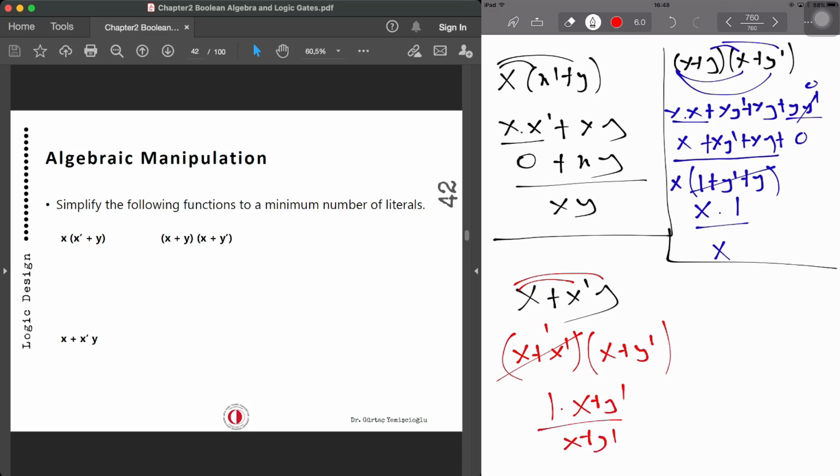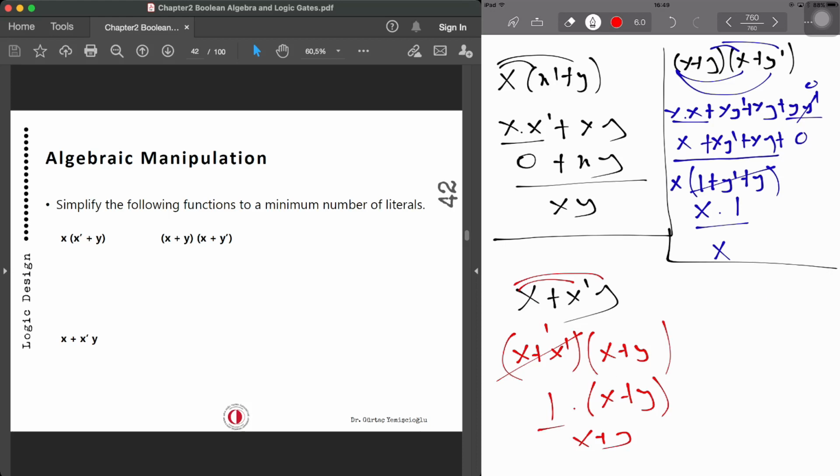Then 1 dot x plus y, and this is going to be x plus y, not y prime.